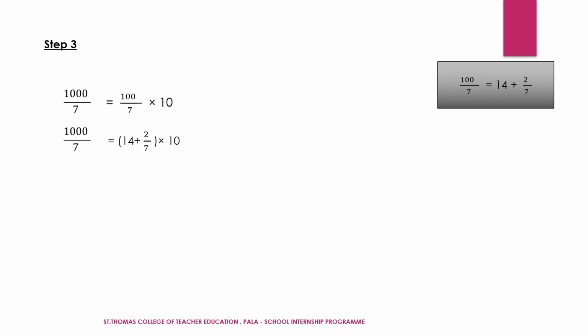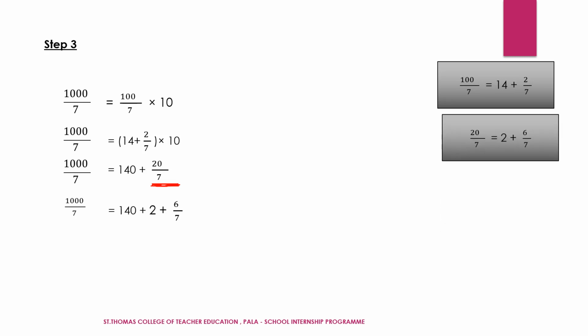Yes, very good. Now, what is our next step? Yes, applying distributive property. And we get 140 plus 20 by 7. Very good. Now, what is your next step? Yes, we are going to convert 20 by 7. And so we get 140 plus 2 plus 6 by 7.